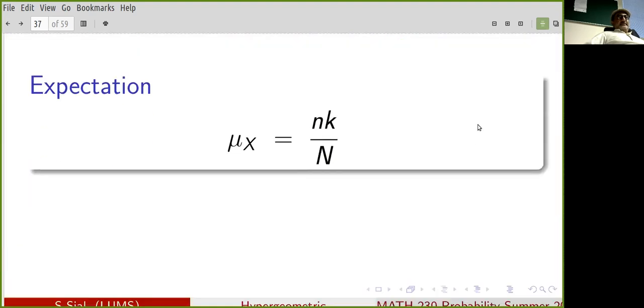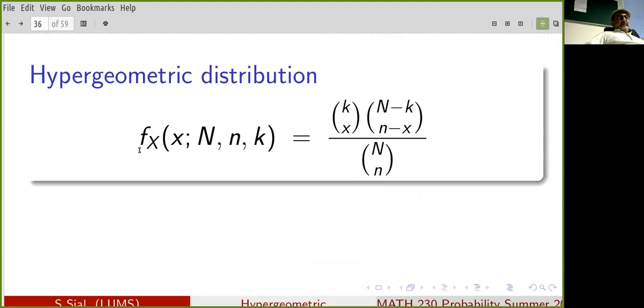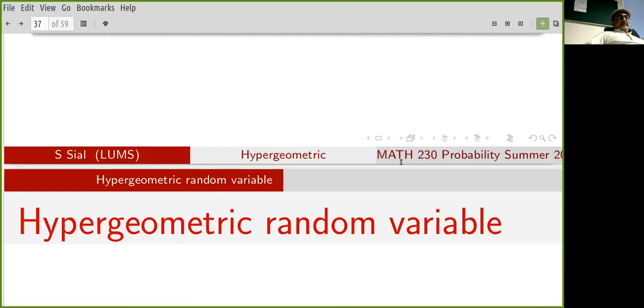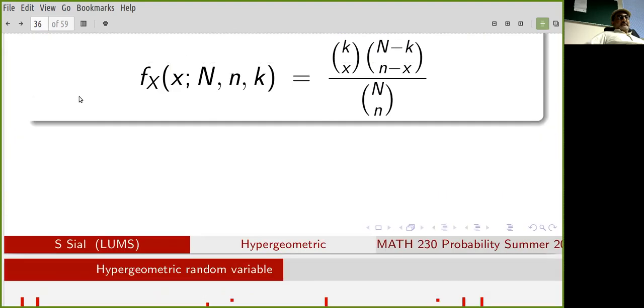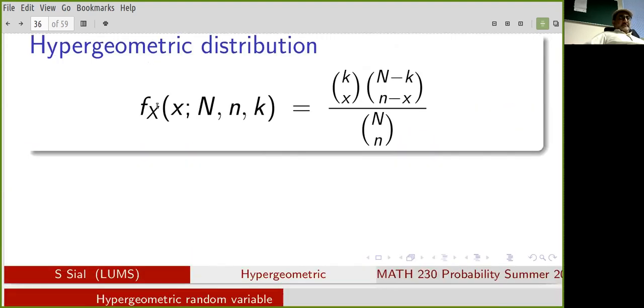Okay, so if you do the calculations, well, what would that be? The expectation would be the summation over all allowed values of x. So those could go from 0, 1, 2, 3, all the way up to small k, of x times f sub x.